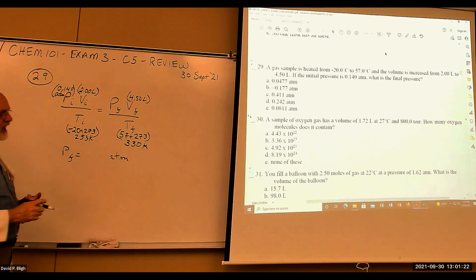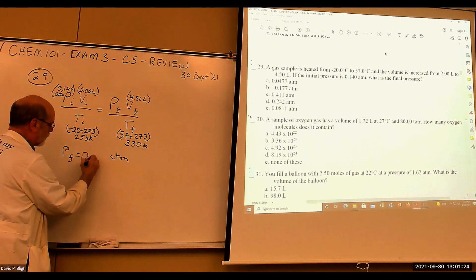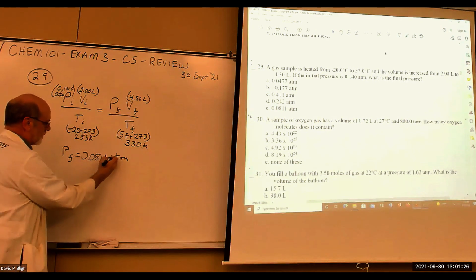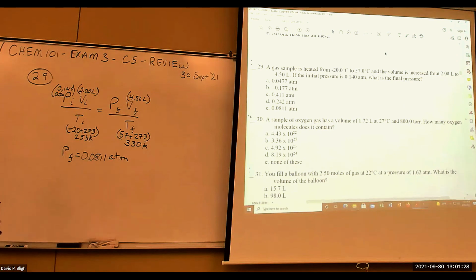So when we actually do the calculation, it turns out to be 0.08. What fooled me was I could only see part of this letter. It looks like a C, but it's not. It's a capital E.